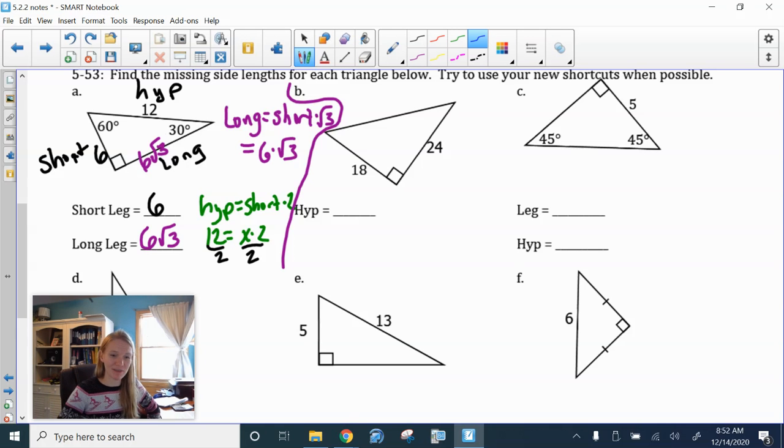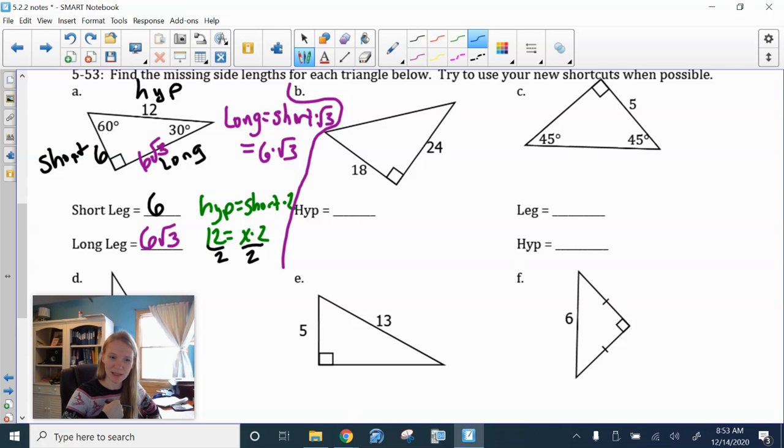Part B, I have two sides. I have an 18 and a 24. I got to figure out, is there a Pythagorean triple I could use with this, or should I just do Pythagorean theorem? The way I look at it, is there some number that goes into both 18 and 24?